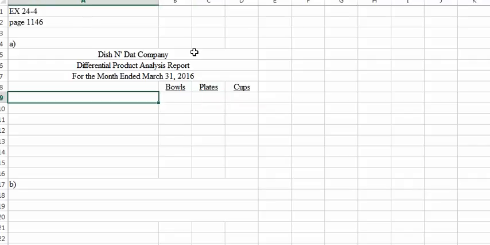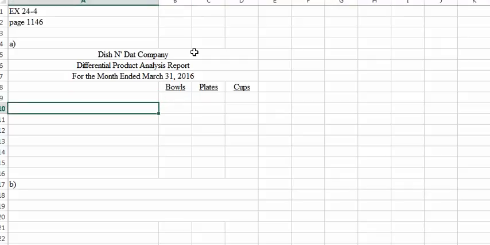Let's go further with it. Okay, we first want to look at our differential sales, or how sales would change if we discontinued the cups line. Well, we expect sales to remain the same for bowls and plates if the cups line is discontinued. So there's really no change in sales. So on this row we'll just put sales.